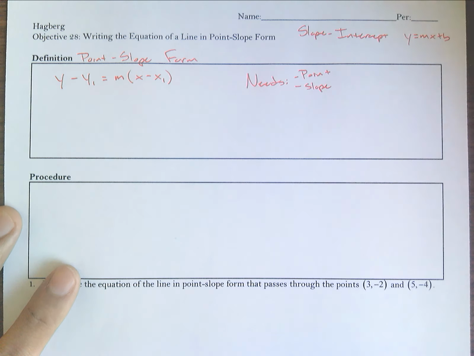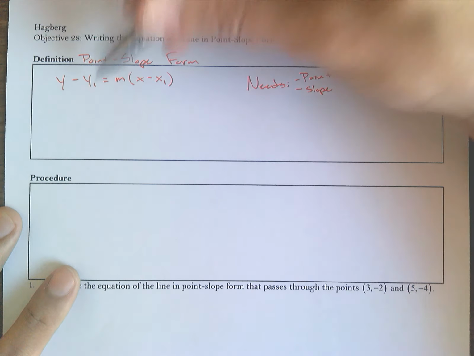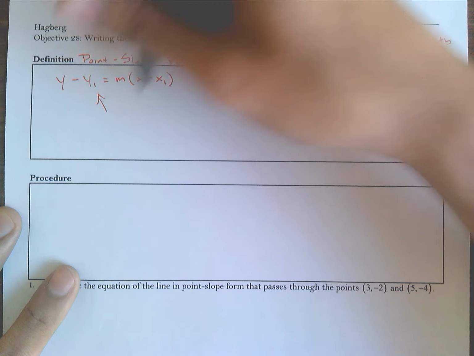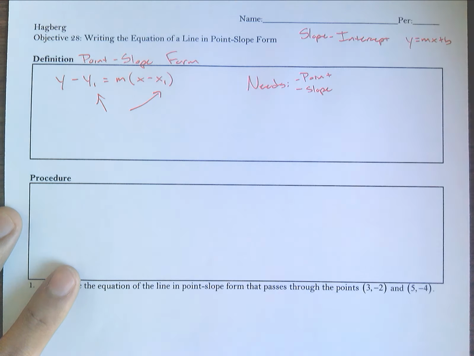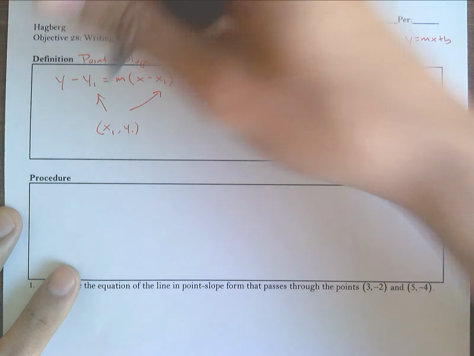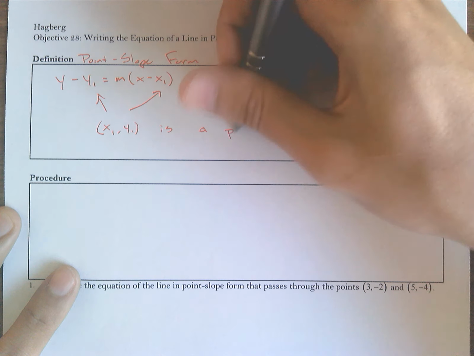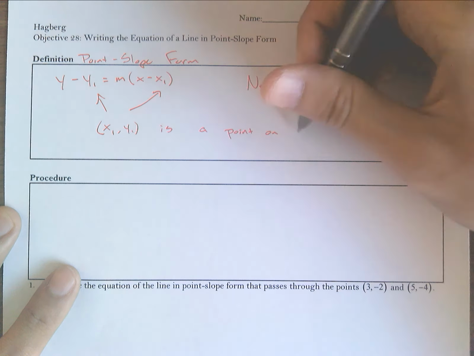So that's a good way to remember this one. Here we've got x1, y1, which is just a point on the line.